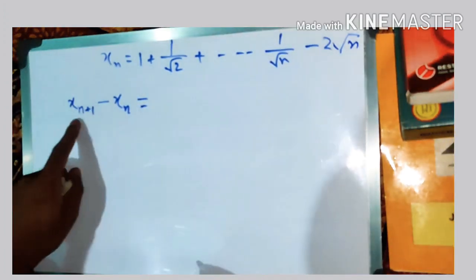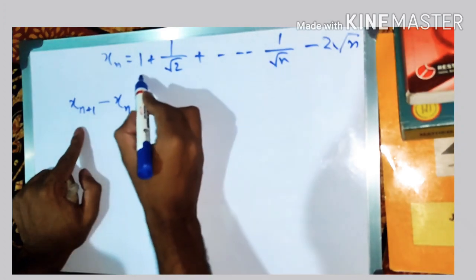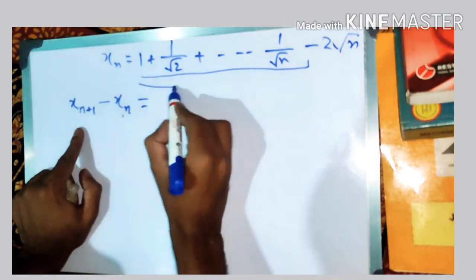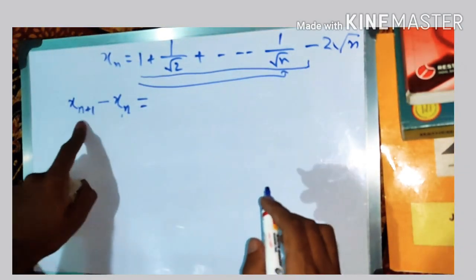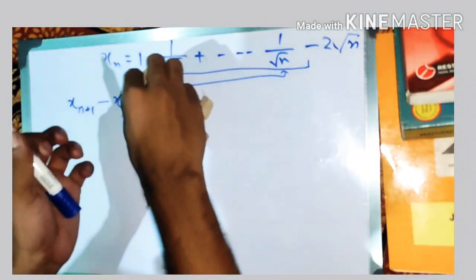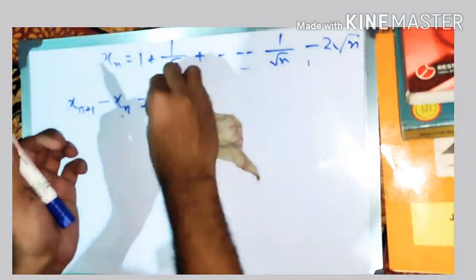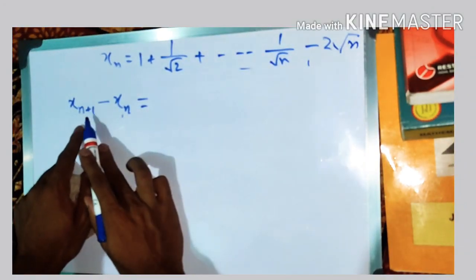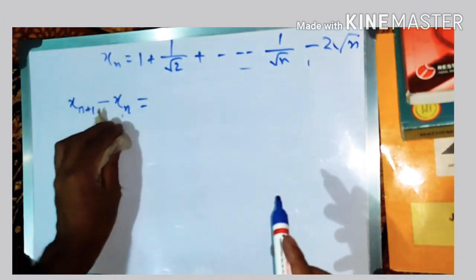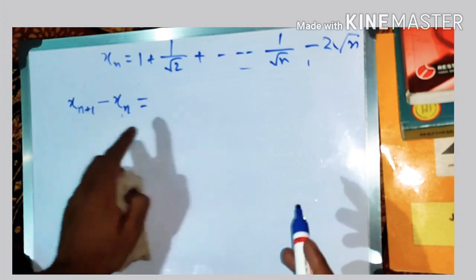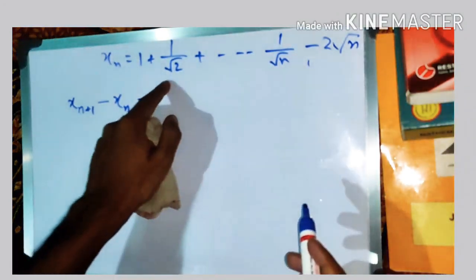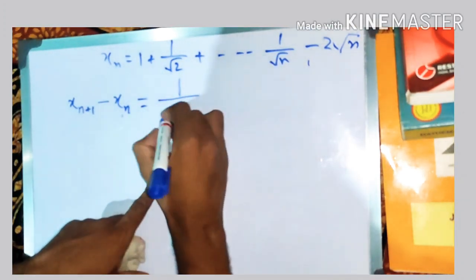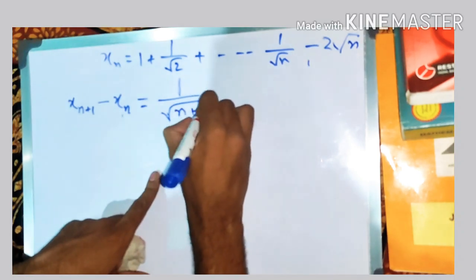Then xn plus 1 contains these terms up to n plus 1, and xn contains these terms up to n. If we subtract xn from xn plus 1, then one term remains, that is 1 by root of n plus 1.